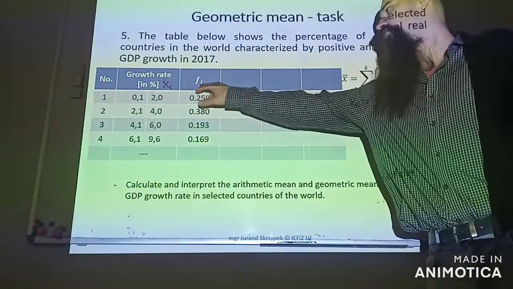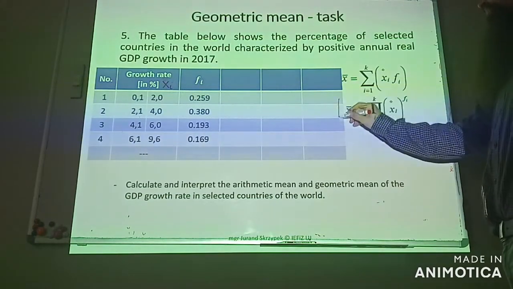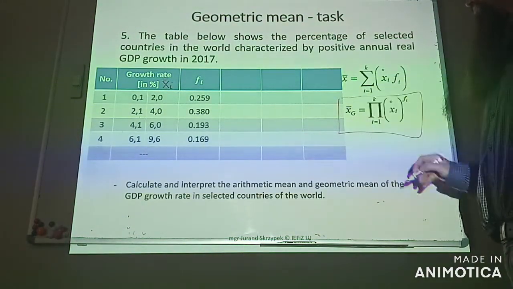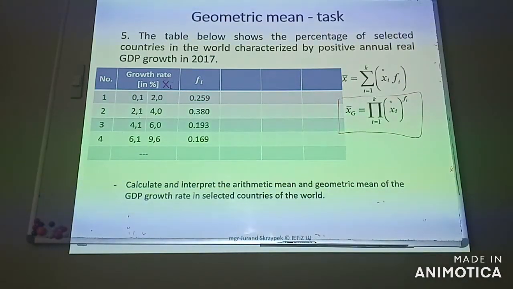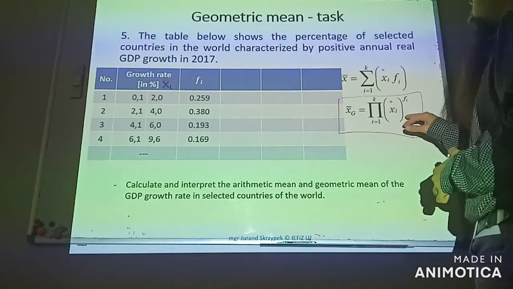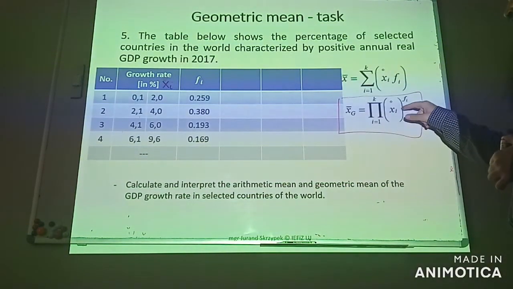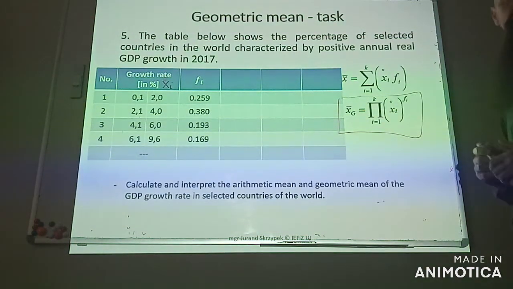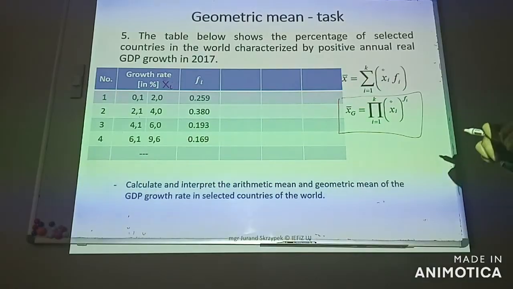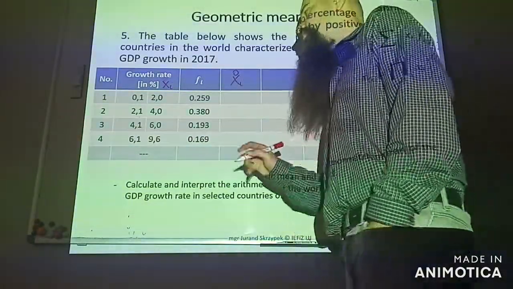Here we have the column with relative frequencies, so we are going to use this version of our formula in order to compute the geometric mean. So what do we need here? We need the column with the middle of the classes, xi with a circle.